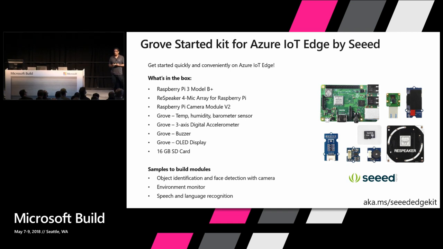There will also be a bunch of samples that Seed is going to publish. These samples are for object recognition, face recognition, environmental monitoring, and speech and language recognition, all based on the cognitive services which Microsoft provides. They'll be modularized. You'll be able to get those modules in open source. You'll be able to play with them and use this kit to come up with new scenarios.